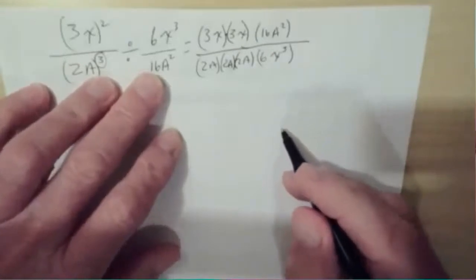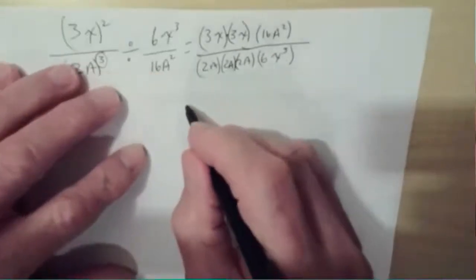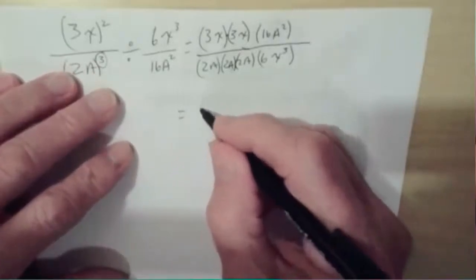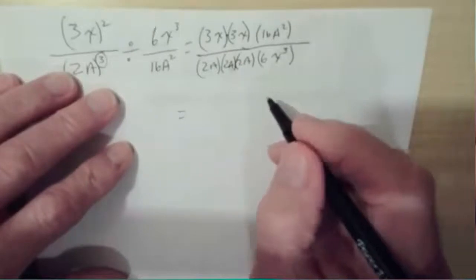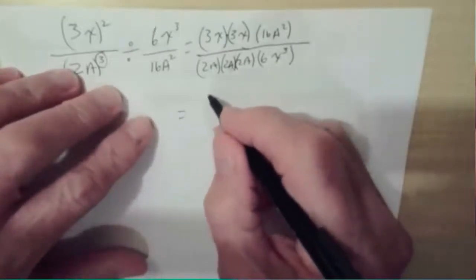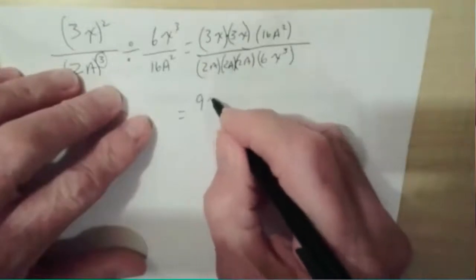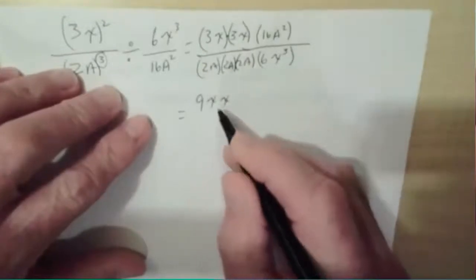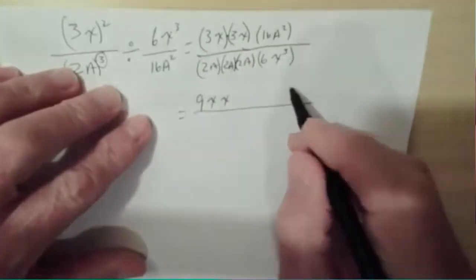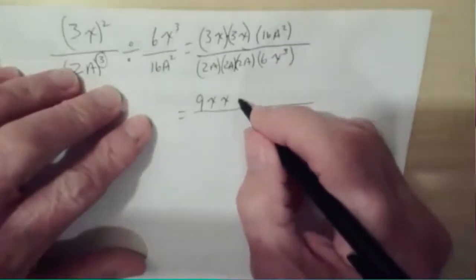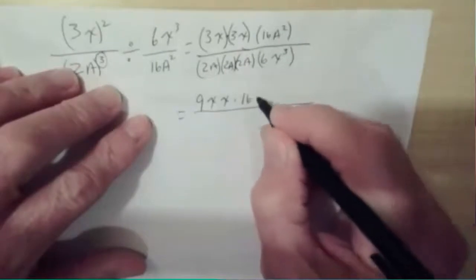Now let's expand this a little bit. We have 3 times 3 is 9, x times x. This one is 16 times a times a.